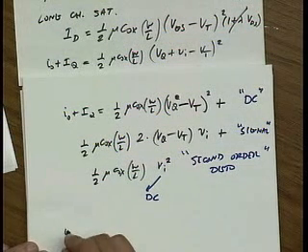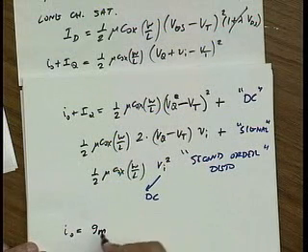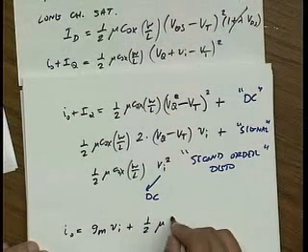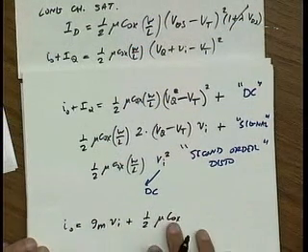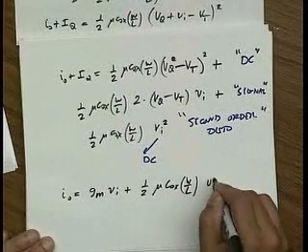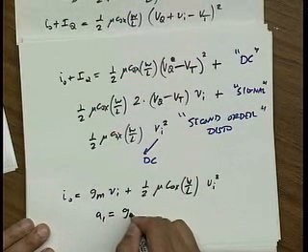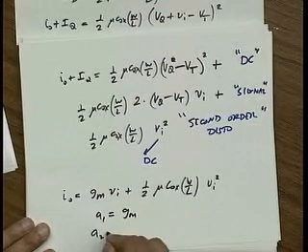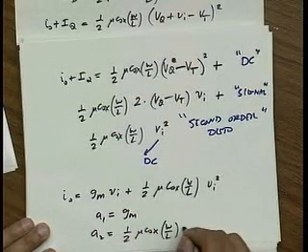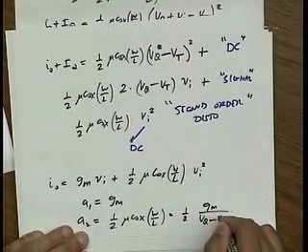Now if I subtract out all the DC terms, I have GM V input plus 1/2 mu Cox W over L V input squared. This is of course the small signal GM of my device. A1 coefficient is just GM, and A2 coefficient is 1/2 mu Cox W over L, or I can write this as 1/2 GM divided by VQ minus VT.